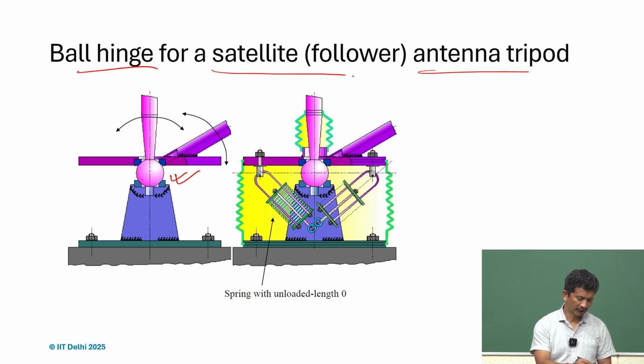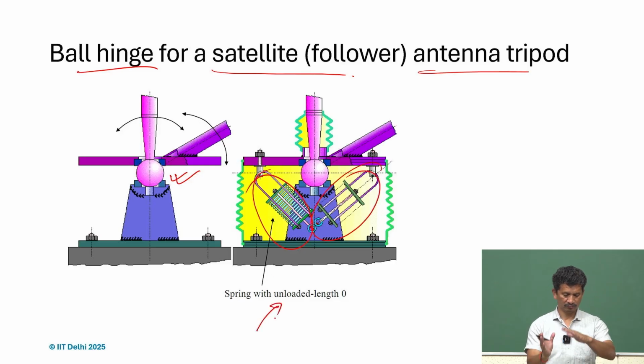Of course, in that case we can use these zero length springs, and it can take any position. There is no additional loading because of this. There is no preference, so it can move freely. Of course, friction and those things are involved, and that can also be taken care of by other means, by using proper flexure joints.